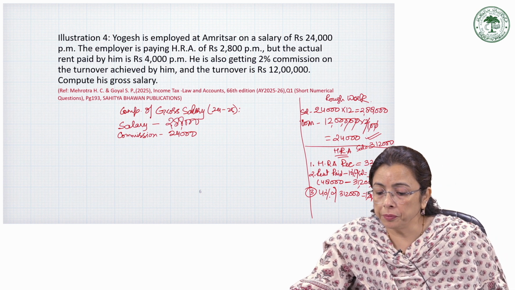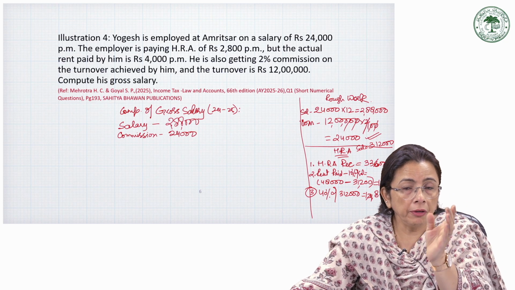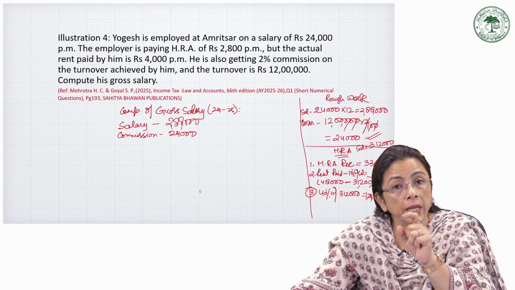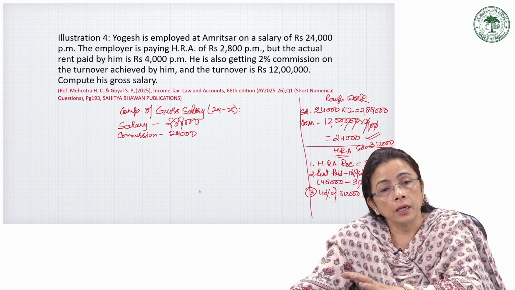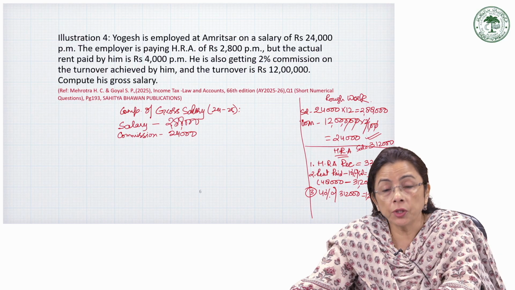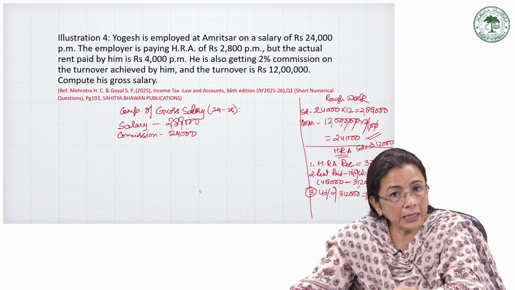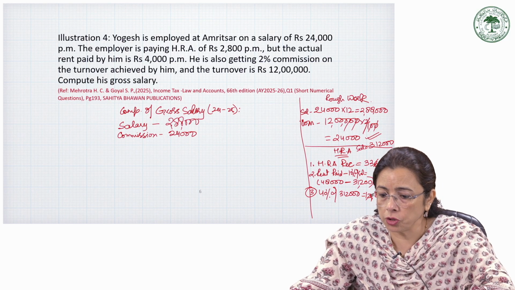In the previous questions we compared these three figures on a monthly basis, and then we multiplied the exemption into 12. Here we have been converting them into annual figures from the very beginning and then finding out the least of the three.